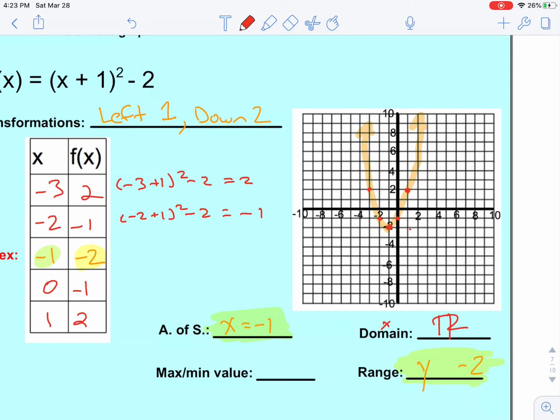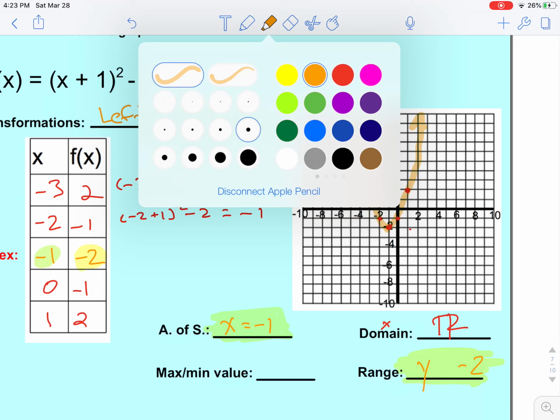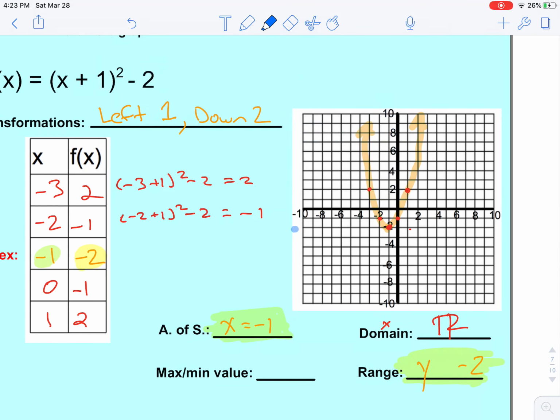All right, domain, always the easiest one. Remember, all reals. We can use every x that we want. All right, our minimum maximum. Okay, well, the minimum maximum is basically that line right here. That's going to hit that bottom point. All right, we know it is at -2.